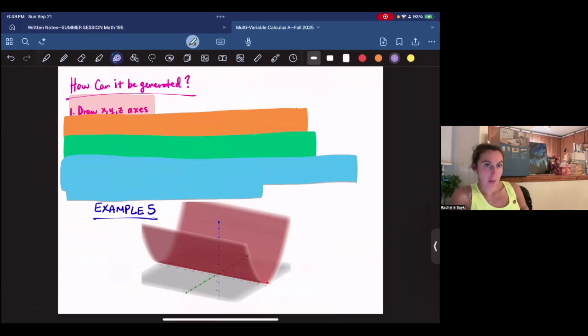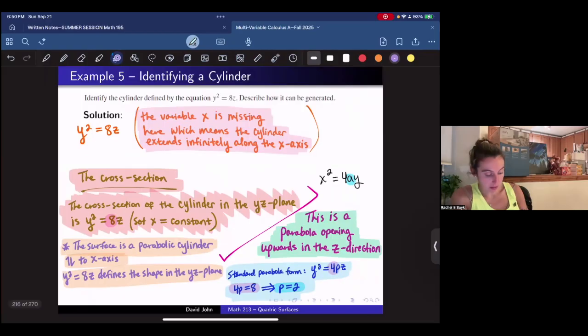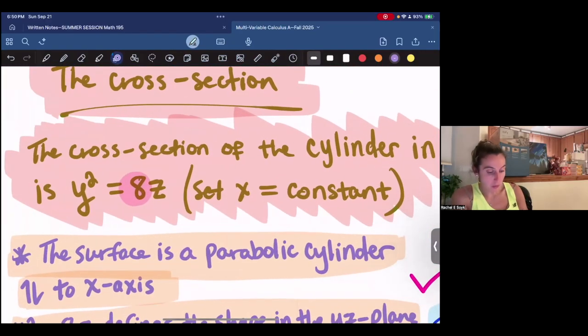Then in our yz plane, aka where x is set equal to 0, we sketch out our 1/8 y squared, because we want to look at it as a parabola.